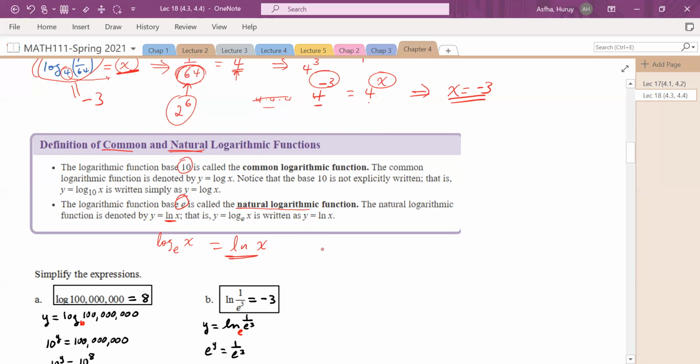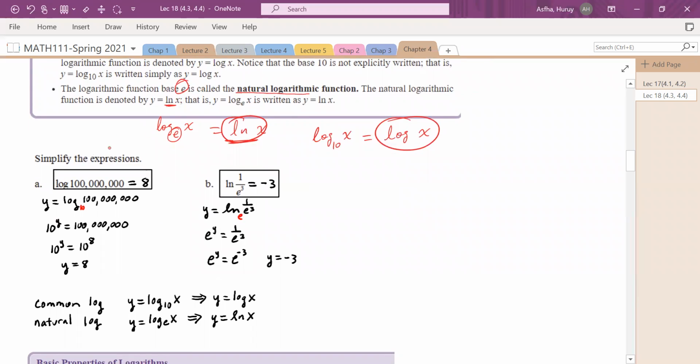And the common logarithmic function is log base 10, and this is basically log x. We don't write the base here. For these two, we don't write the base, because they are commonly used ones. When you see ln, the base is e. When you see log, the base is 10.